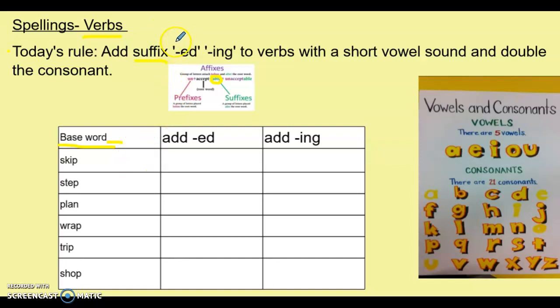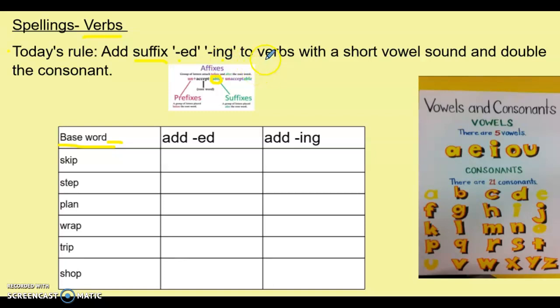The suffixes we're going to look at today are ed and ing. These suffixes usually change the tense of the base word. We usually use an ed suffix to turn that base word into the past tense, or we usually use the ing suffix to turn that base word into the present tense.